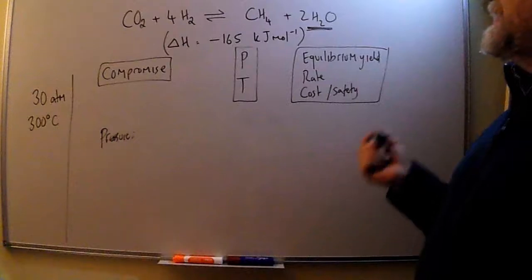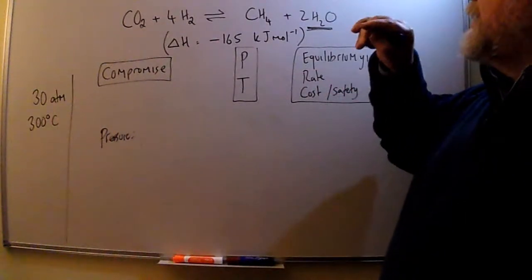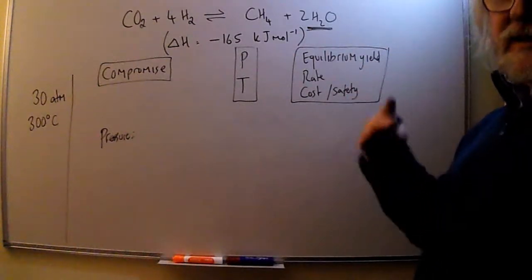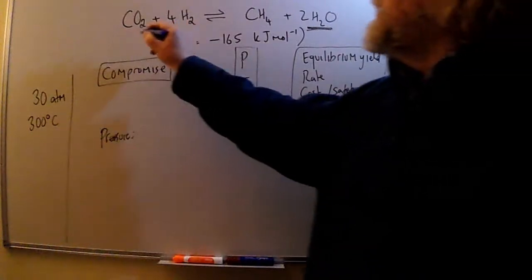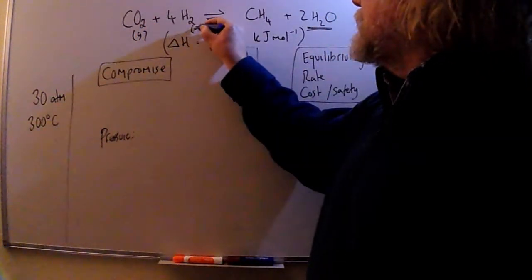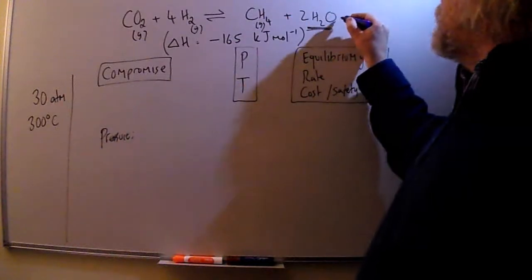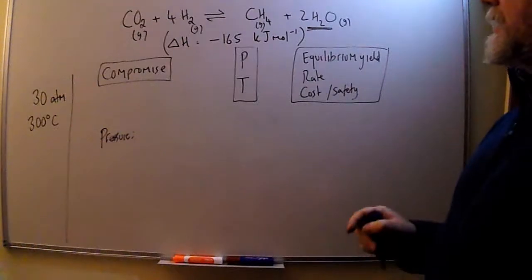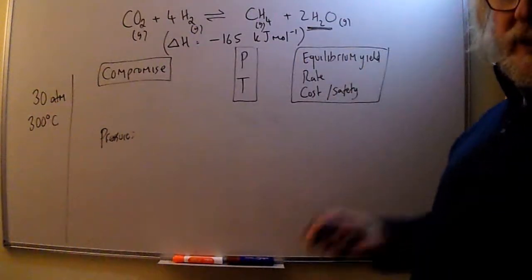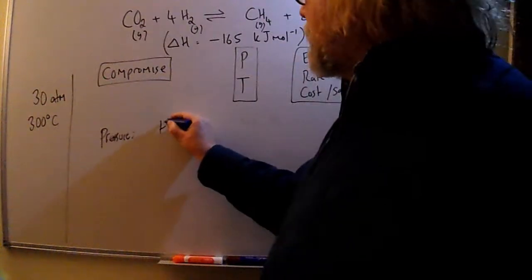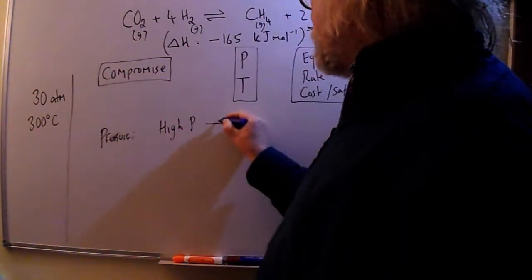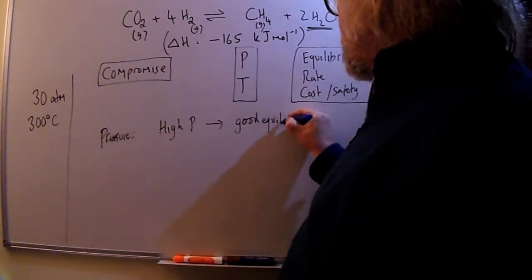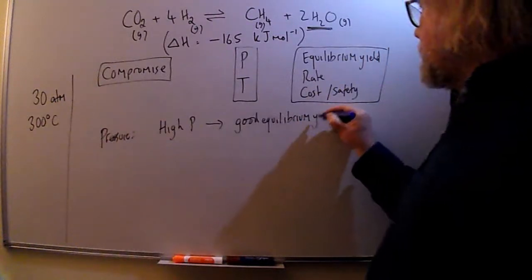So in terms of equilibrium, Le Chatelier says that if you go to high pressure, it will shift in the direction where there are fewer moles of gas, because that will oppose the change. And you can see these are all gases, by the way. It tells you that in the question. So you've got 5 moles of gas on the left, 3 moles of gas on the right. So high pressure will shift it to the right because there are fewer moles of gas. Okay, so high pressure will give a good equilibrium yield of water, because that's what we're trying to make.